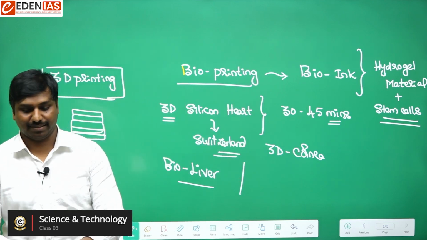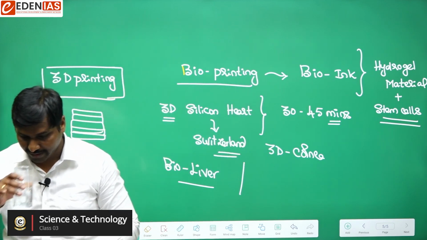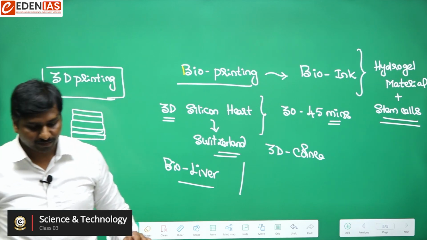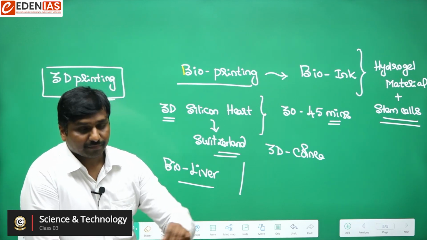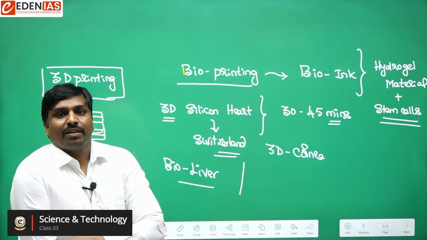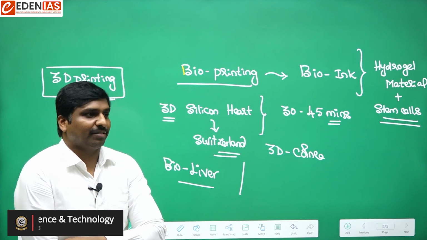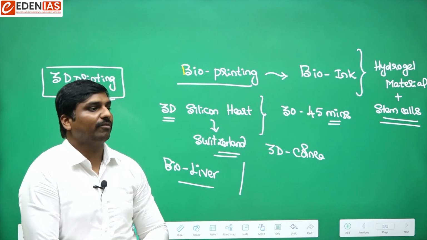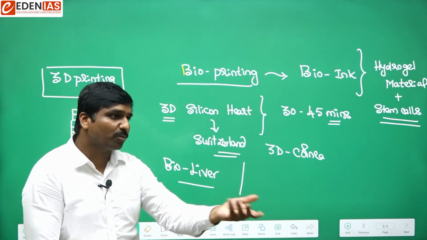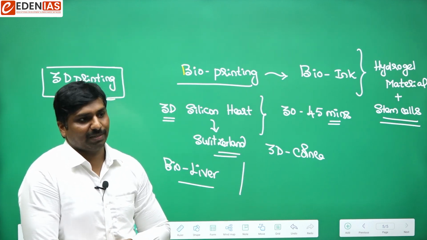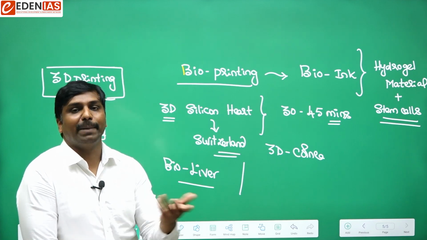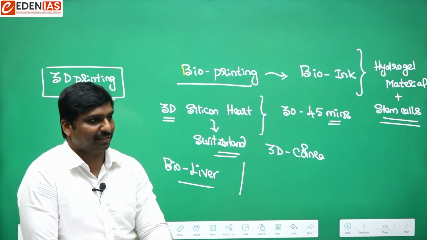Initially there is some kind of tissue culture associated with this. Tissue culture is a technology which can be used to culture various things. Like stem cells can also be cultured by using the tissue culture method. It's a method where we can culture things.